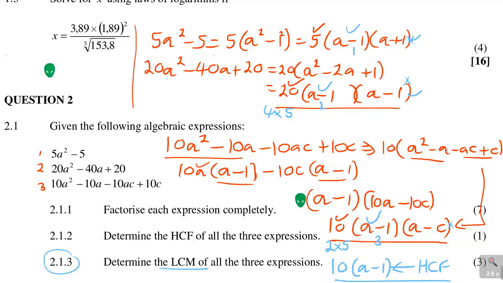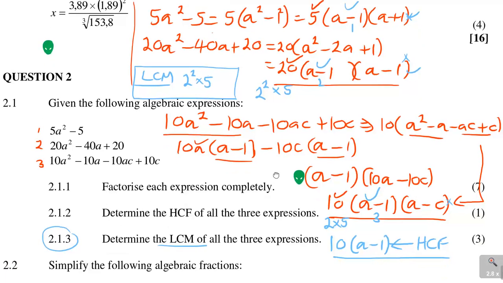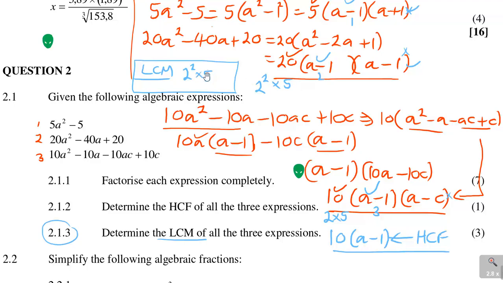Now this 4 is similar to 2 squared, which is 2 squared times 5. So I'm going to write each and every number here for the LCM. You see I've got 2 squared, and then times 5. 10 is 2 times 5, which is represented in 2 squared and 5.